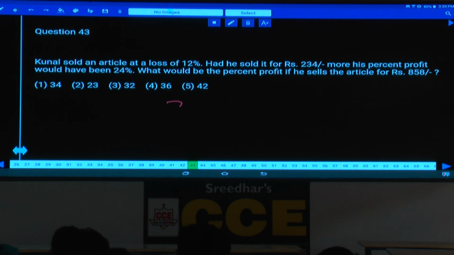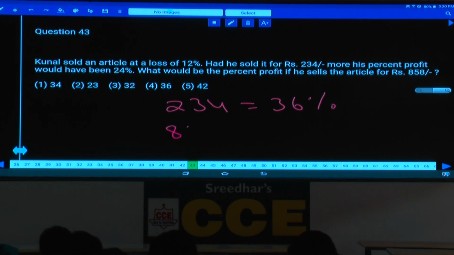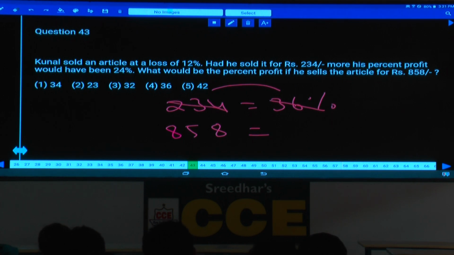Okay. 234 is equal to 36%. 858 is equal to how much? 9 how many times? 4 times. Let's cancel it with 18. 18 ones, 18 threes, and 18 2 times.